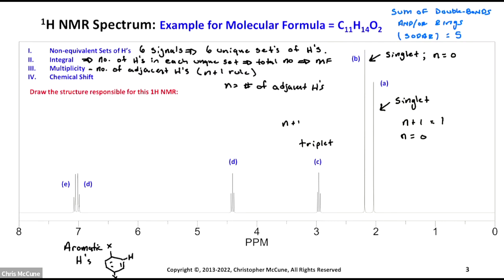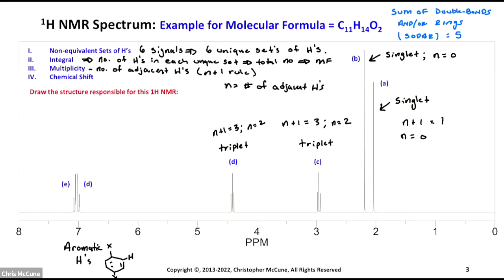So N+1 equals 3 because the triplet corresponds to the number 3. And so N would equal 2. So there are 2 neighboring hydrogens next to the carbon or atom attached to those hydrogens. Same thing down here. Here's a triplet. So N+1 would equal 3. So N is equal to 2.